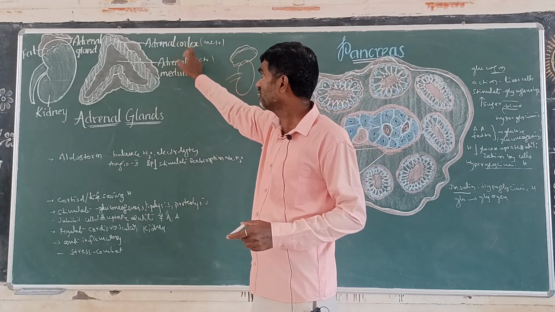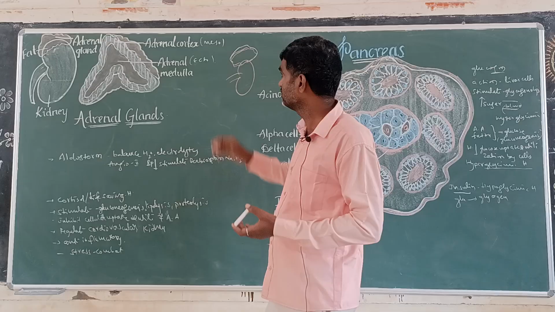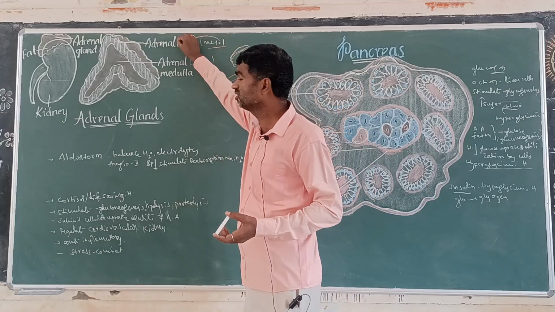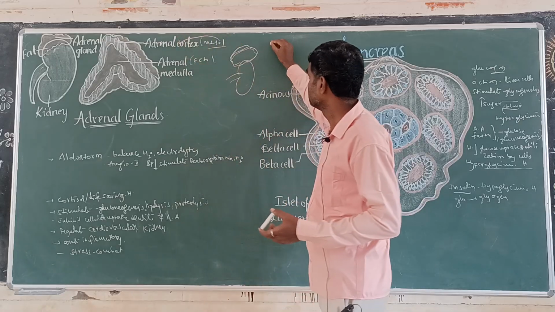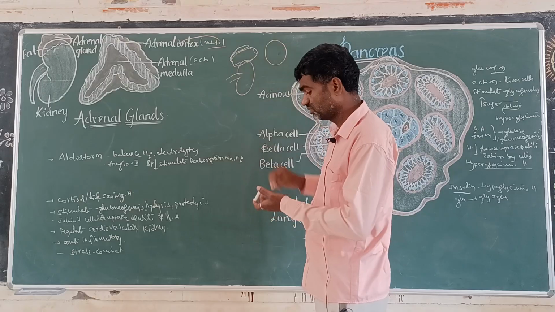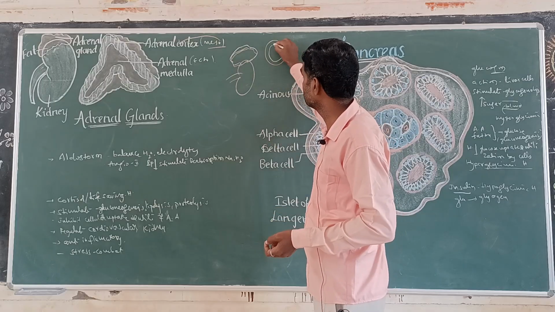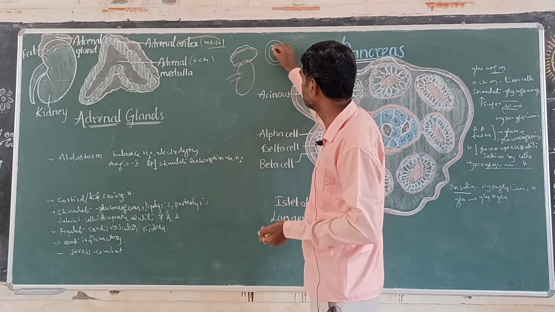Now, the adrenal cortex is mesodermal in origin. We know about the ectoderm, the second layer is the mesoderm, and the third layer is the endoderm.